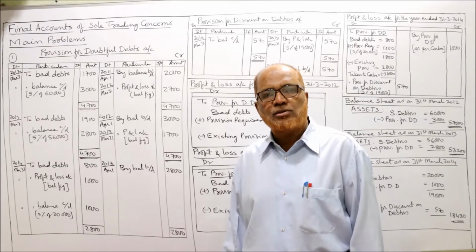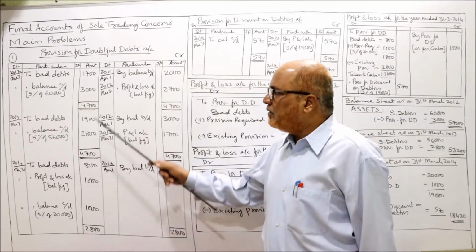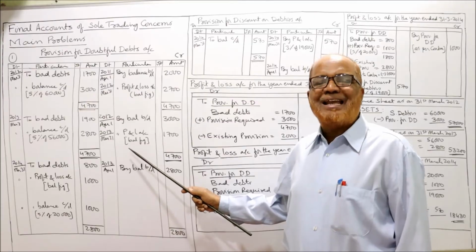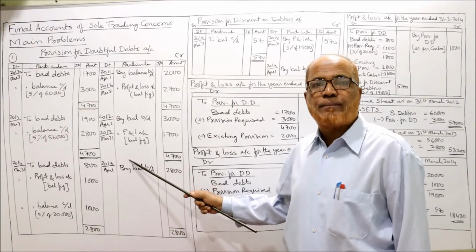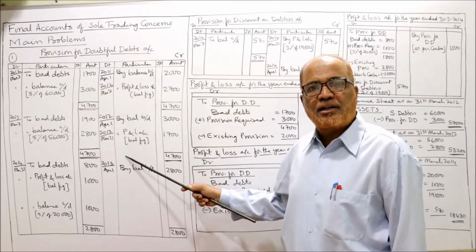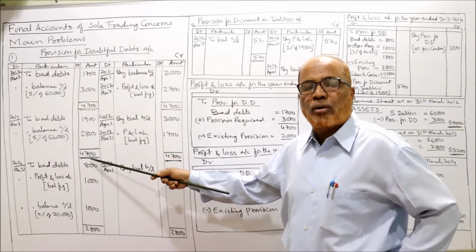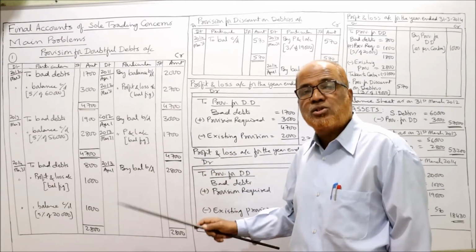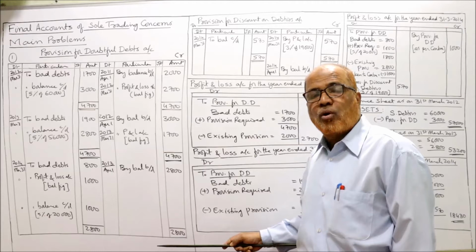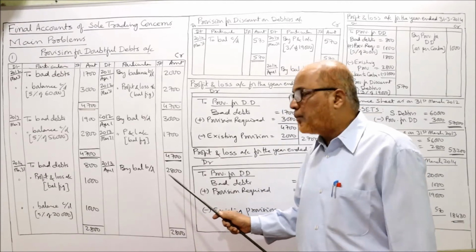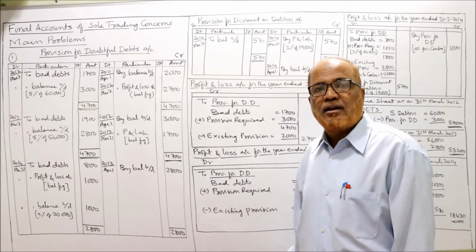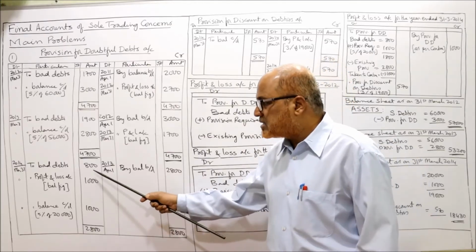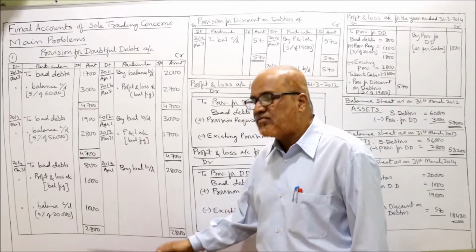Here the new point is that in the previous two years we got the balancing figure on the credit side. The debit side was more, so the balancing figure was on the credit side. But here it is opposite. Credit side is more. Already we have the old provision of 2,800, but current year bad debts are 800 and current year provision is 1,000.